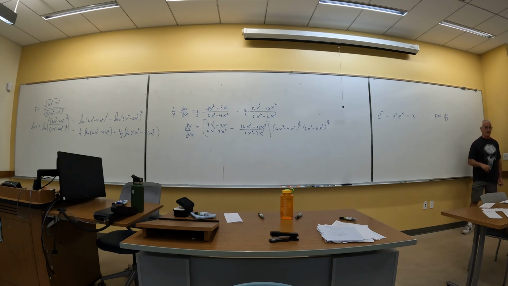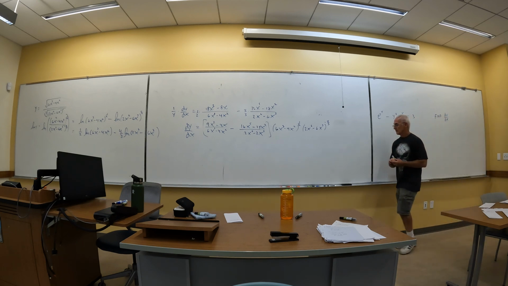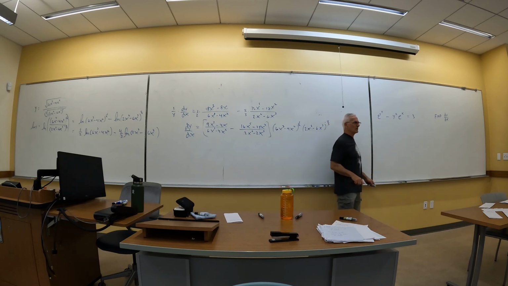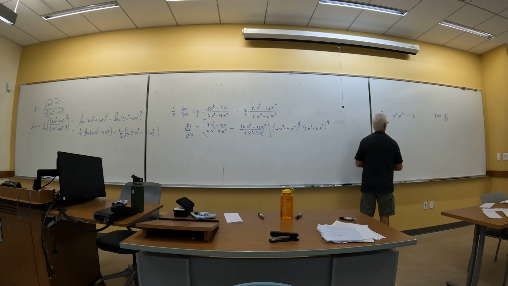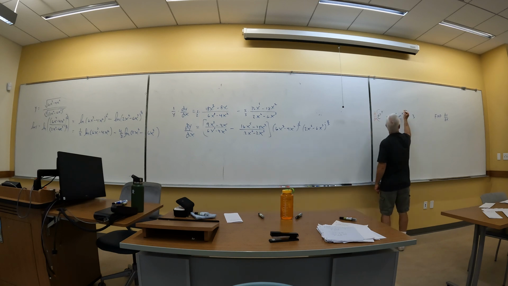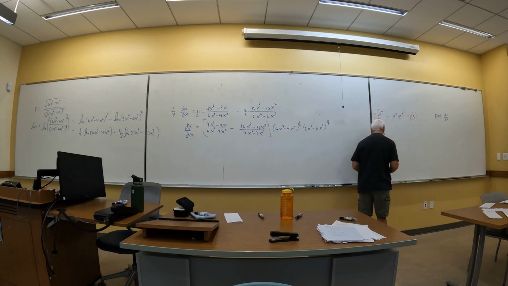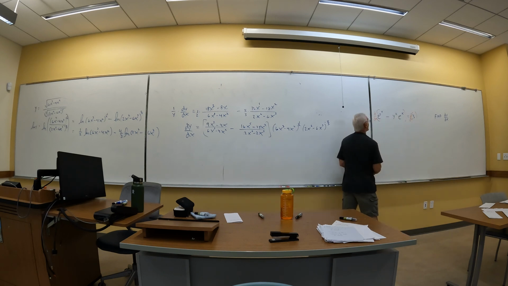Well, the way we did this last day, we did this implicitly. And this isn't the worst problem in the world. They're way worse than this. So I'm going to differentiate both sides with respect to x. The derivative of e to the y with respect to x.